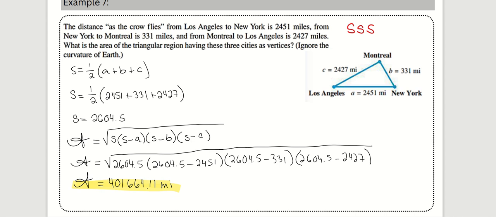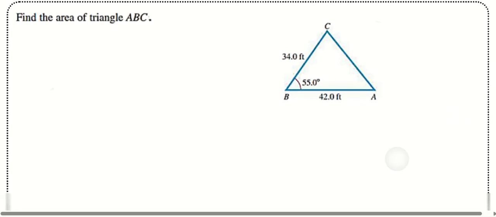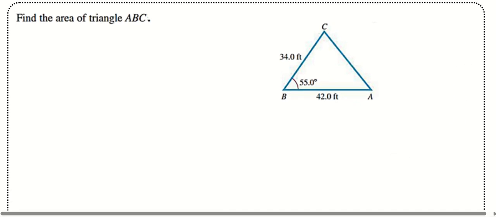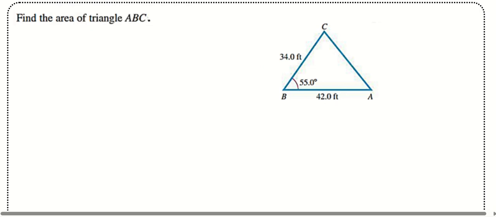Now let's go ahead and do the next one. So here is our triangle ABC. Notice that this is a triangle that has the angle in between two sides.